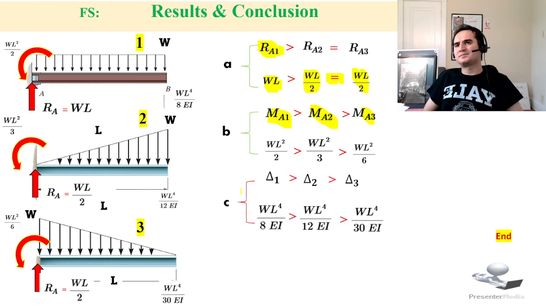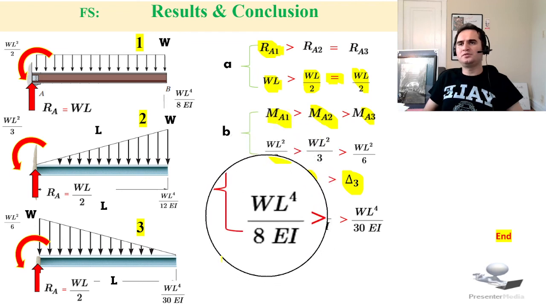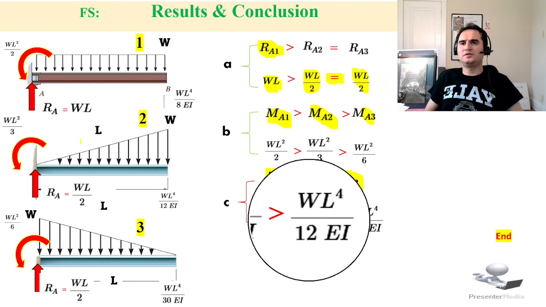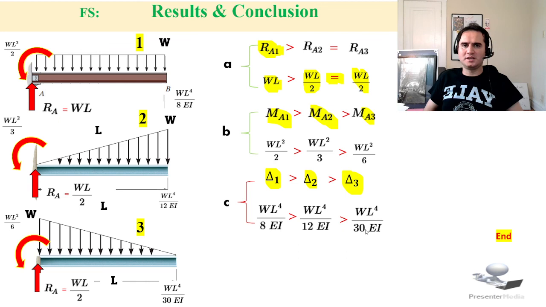And the last part is delta for each of them. Delta 1 goes by WL to the 4 over 8 EI. The other one is WL to the 4 over 12 EI, then WL to the 4 over 30 EI. And that was a comparison between different loadings on the same cantilever beam. Thank you.